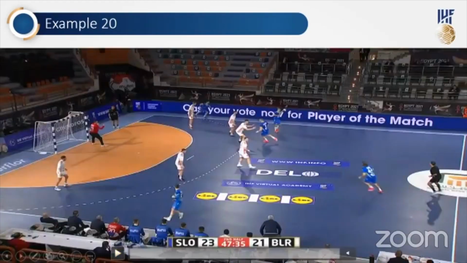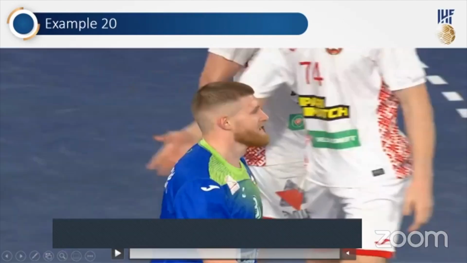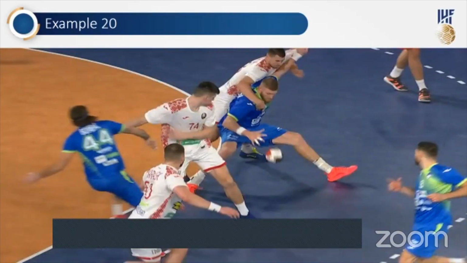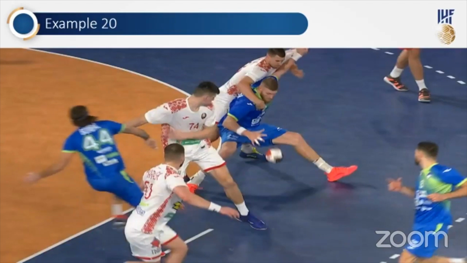And then I will just show a still picture here. Here, you can see it. If you look at the screen now, you can see the left arm is holding the shirt of the defender. The feet are very wide apart. He's extending his body, and the balance point is towards the defender.